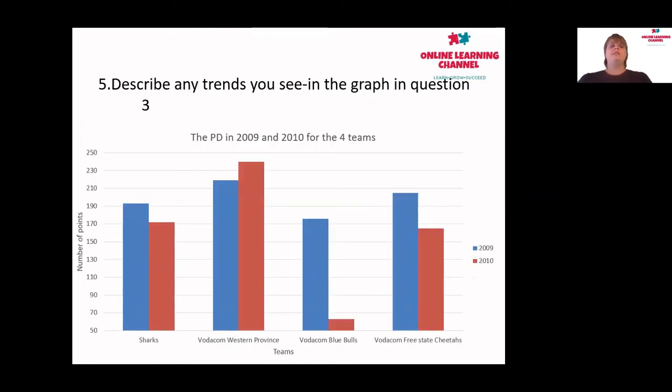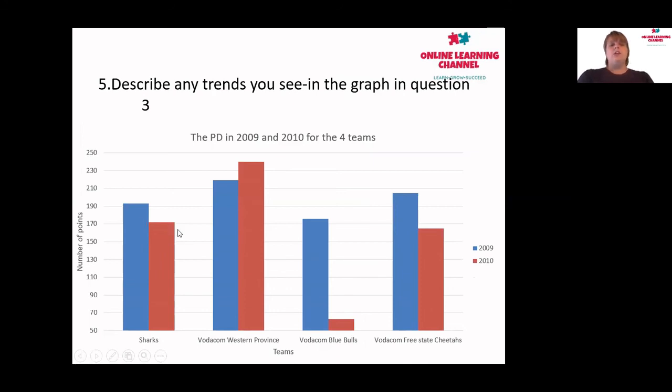Question 5 says describe any trends you see in the graph in question 3. Okay, so here's my question 3 graph that I just copied and pasted again. Here I can see the Sharks' points for and against them is almost the same. The points difference in 2009 was higher than in 2010.